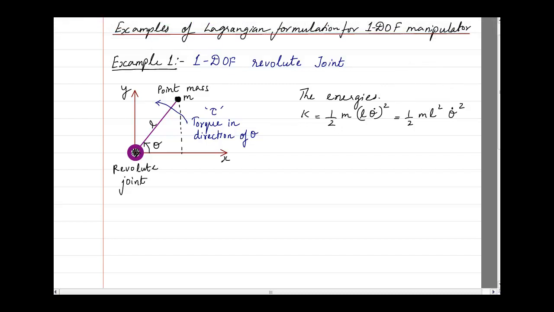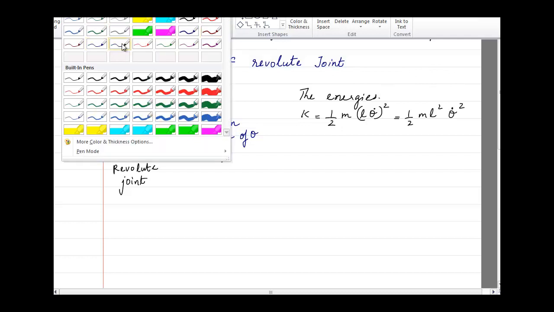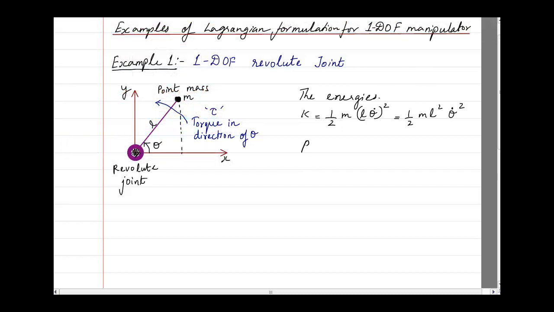Next we will look at the potential energy. The potential energy P is going to be mgh, where h is the height.